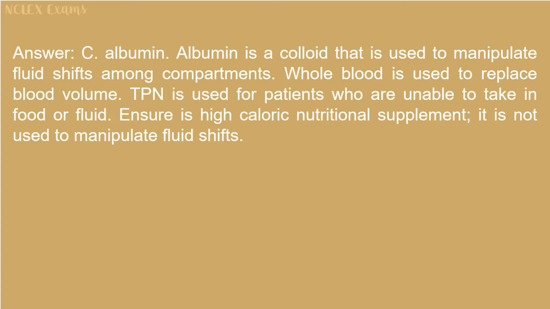Answer C. Albumin. Albumin is a colloid that is used to manipulate fluid shifts among compartments. Whole blood is used to replace blood volume. TPN is used for patients who are unable to take in food or fluid. Ensure is a high caloric nutritional supplement. It is not used to manipulate fluid shifts.